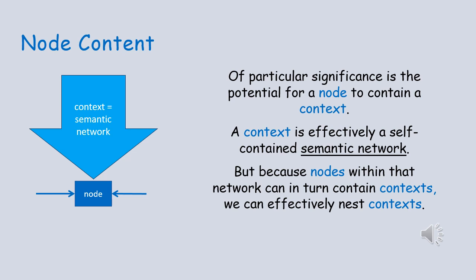Of particular significance is the potential for a node to contain a context. A context is effectively a self-contained semantic network. But because nodes within that network can in turn contain contexts, we can effectively nest contexts.